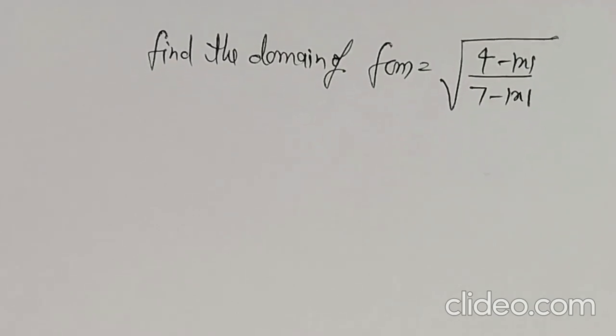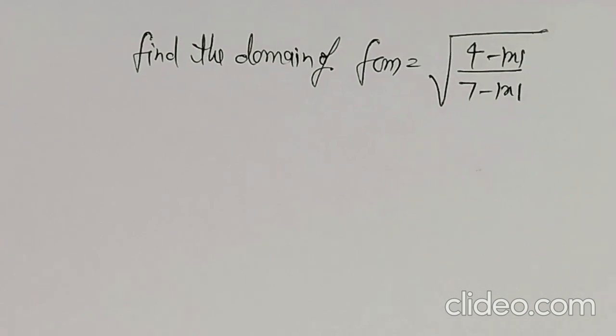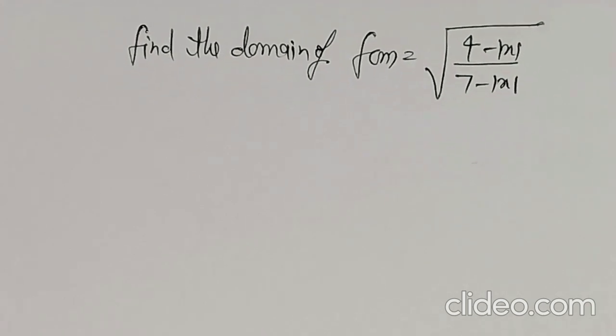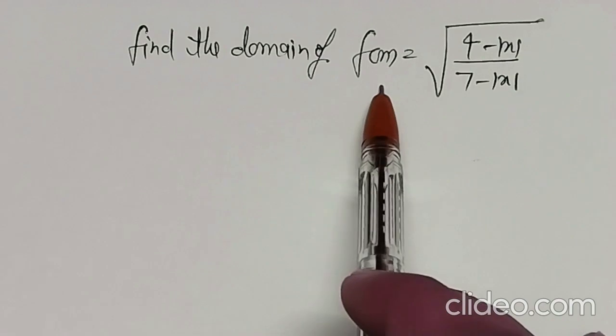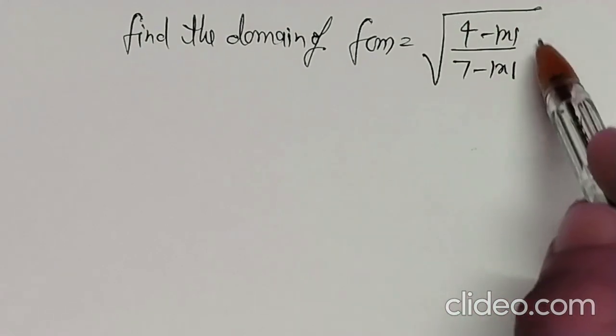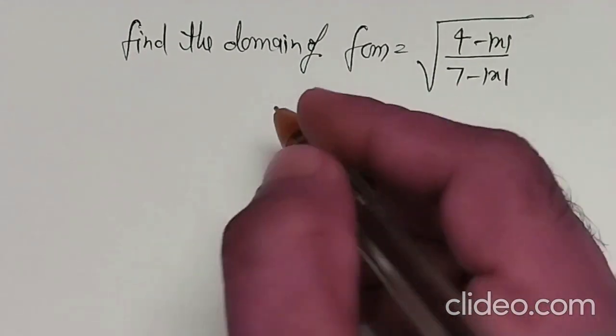Here in this question, it is asked to find the domain of f(x) = square root of (4 - |x|)/(7 - |x|). To get the domain of this function, we should know that inside the square root, the entire expression should be non-negative.